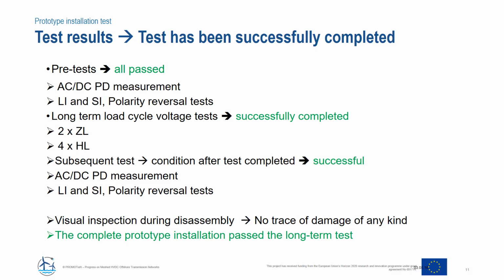And of course, subsequent tests to check the condition of the test object have been performed, which also included AC, DC, partial discharge measurement, lightning impulse of different polarities. And then visual inspection during disassembly showed no trace of any kind of damage, and this shows a complete successful demonstration of the HVDC GIS prototype installation.